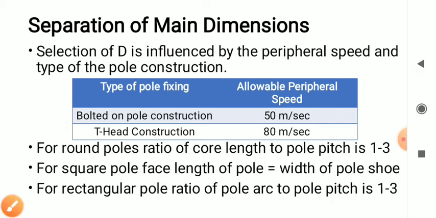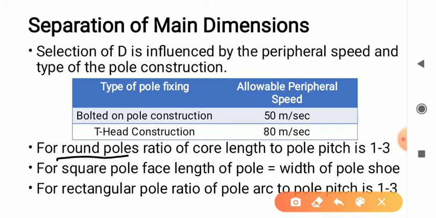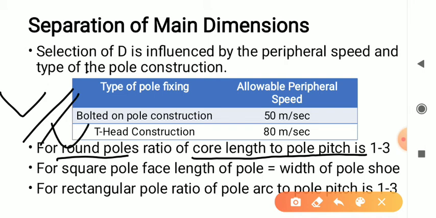Along with the constraint of the peripheral speed, there are certain other constraints which we can use to separate the main dimensions from the product D square L. Like, if the round pole is used, then for the round pole, the ratio of core length to pole pitch is 1 to 3. So, simply the ratio L by tau is equal to 1 to 3.